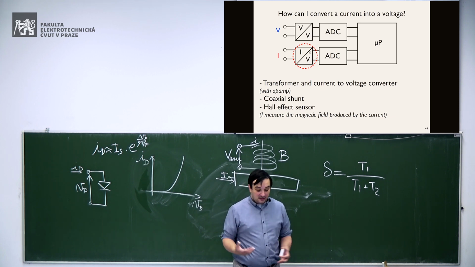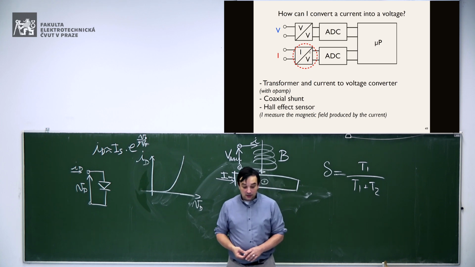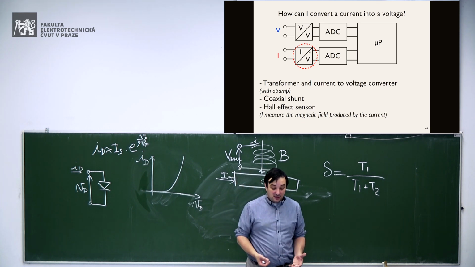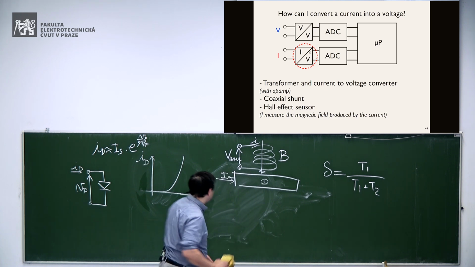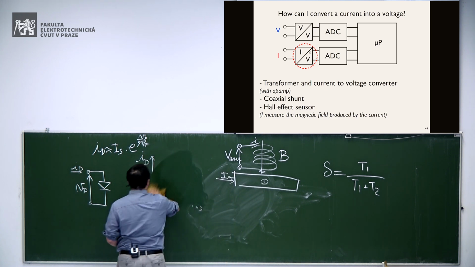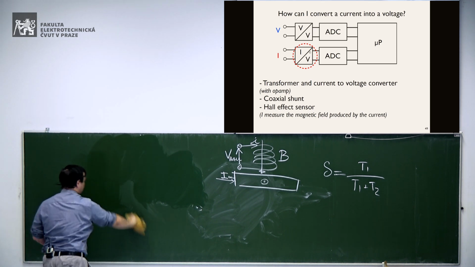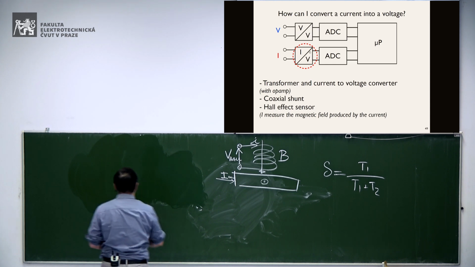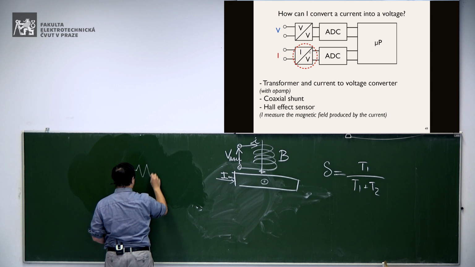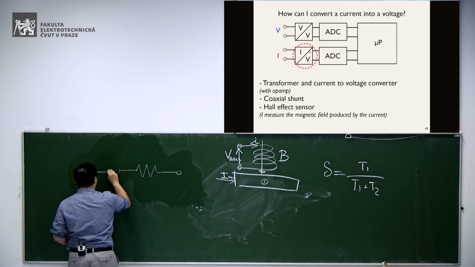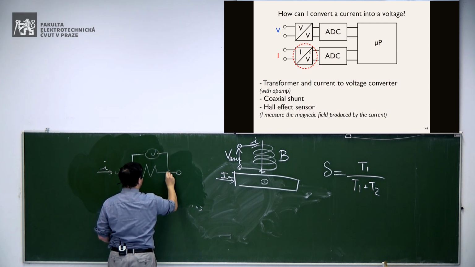You have different means to transform a current into a voltage. We can have a shunt. A shunt is simply a resistor. You inject the current in your circuit and you measure the voltage here, okay?